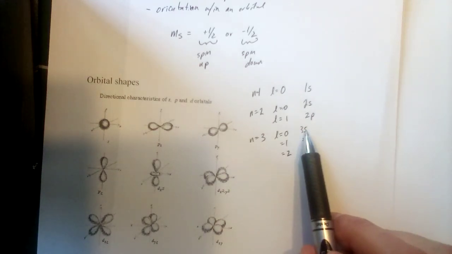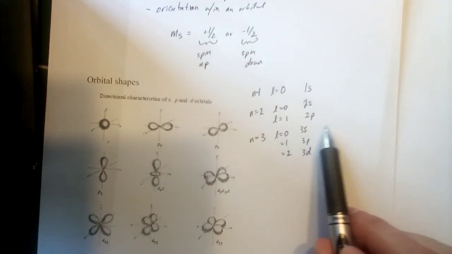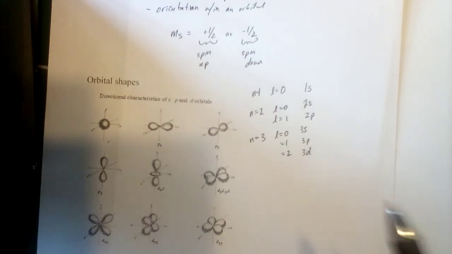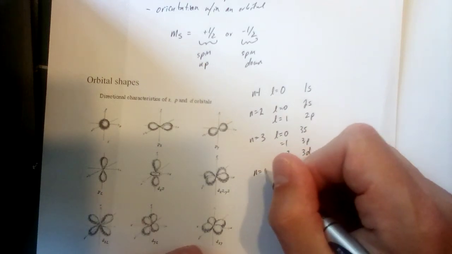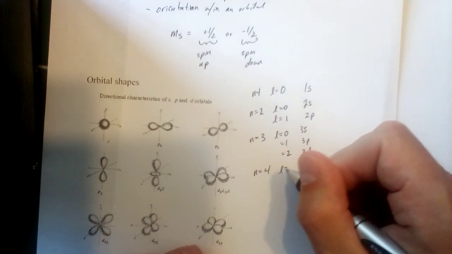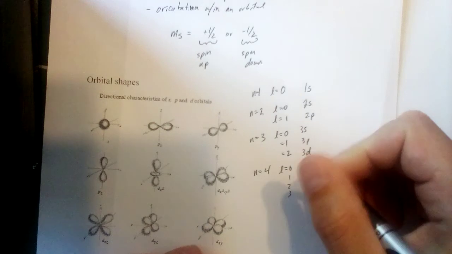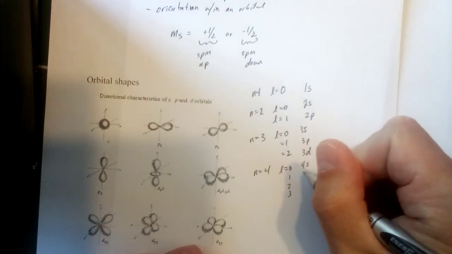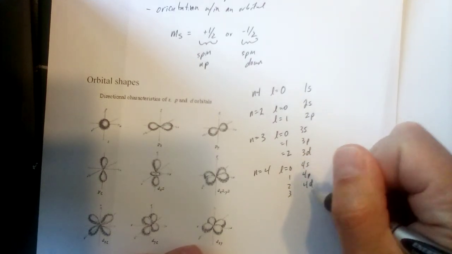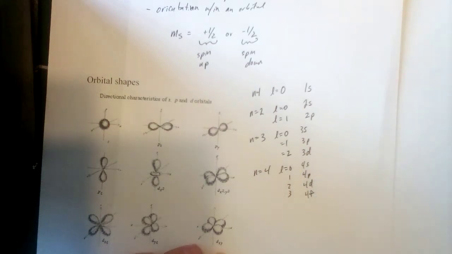Same explanation of how L relates to the values of m sub L and how many orbitals are in each one, and 2 electrons can go into each orbital. This continues. N equals 4 would have L equal to 0, 1, 2, and 3. So there would be a 4s sublevel, a 4p sublevel, a 4d sublevel, and a 4f sublevel, right?